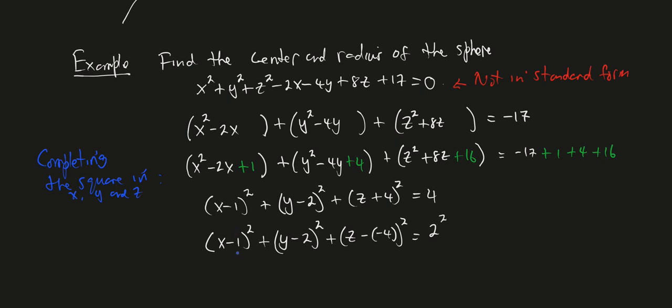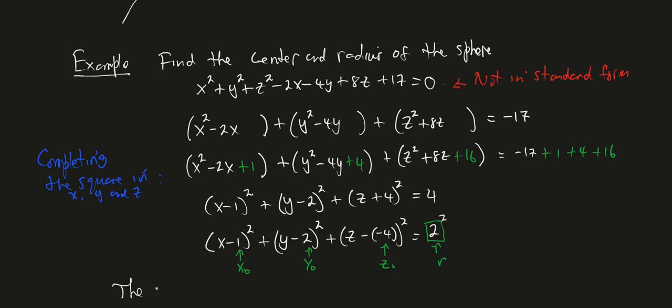Well, it means that this is x0, this is y0, this is z0, and those numbers represent the coordinates of the center of the sphere, and this number here that's being squared is my radius. So now we can identify the center and the radius of the sphere.